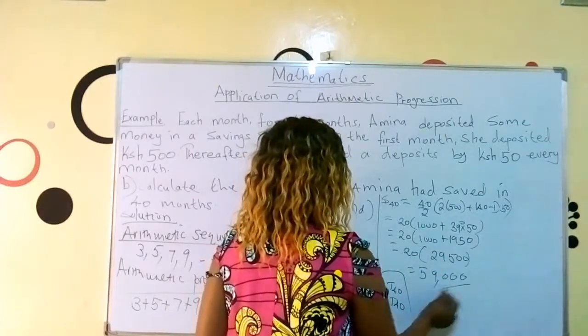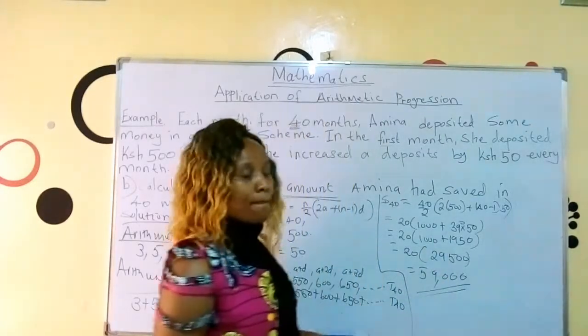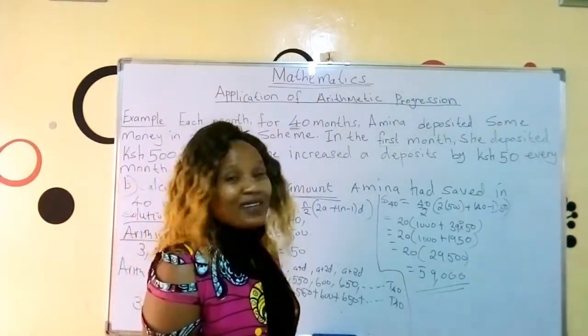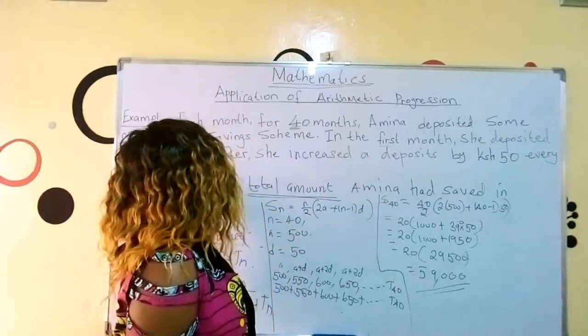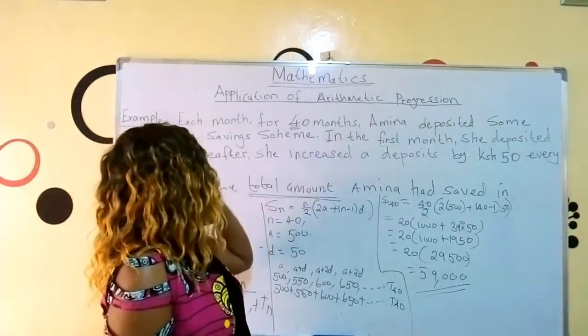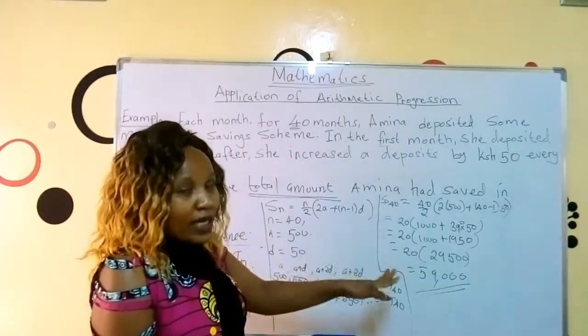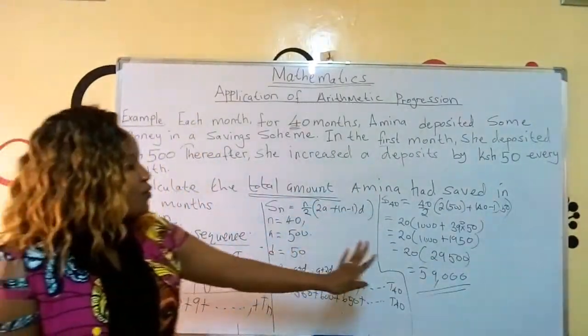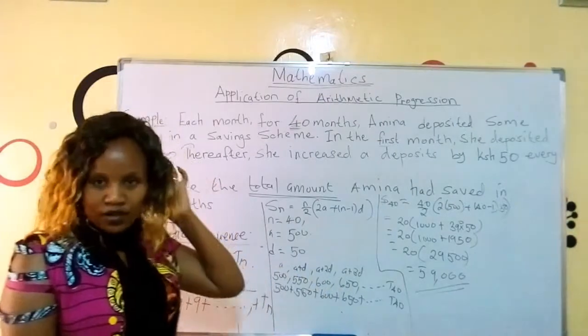So the total amount Amina will collect after 40 months will be 59,000 shillings.